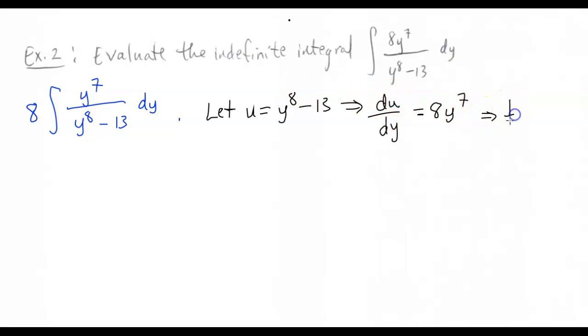And thus, just rearranging this around, 1/8 du is going to be equal to y raised to the 7 dy. So du over 8 is equal to y raised to the 7 dy. And of course, that's exactly what we want to replace.